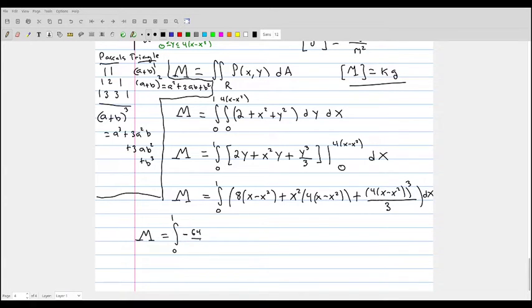Negative 64 over 3 times x to the 6, plus 64 x to the 5th, minus 68 x to the 4th, plus 76 over 3 x cubed, minus 8x squared, plus 8x.